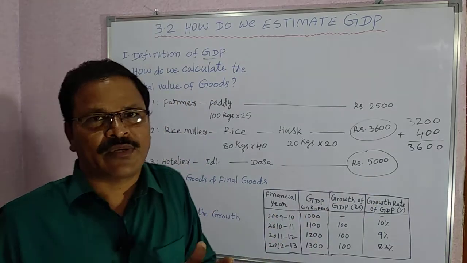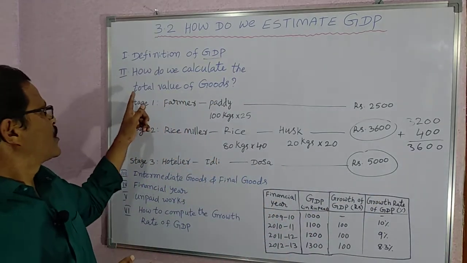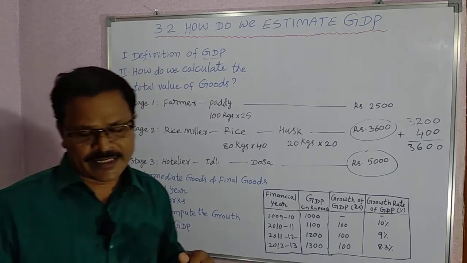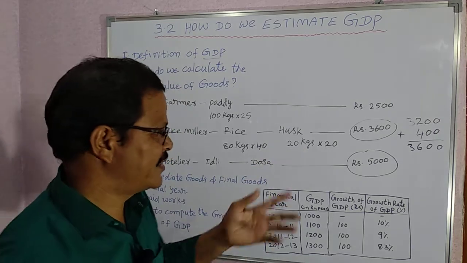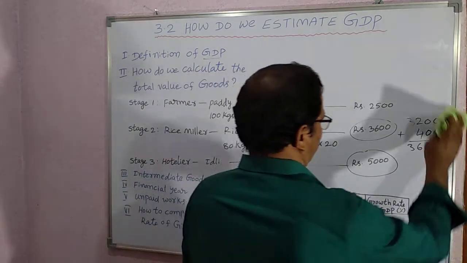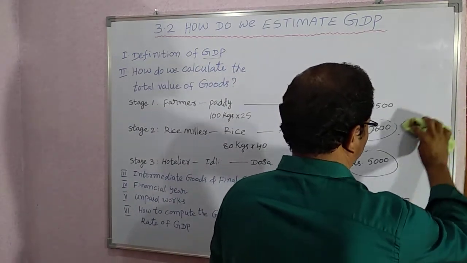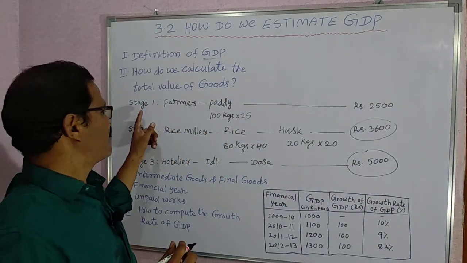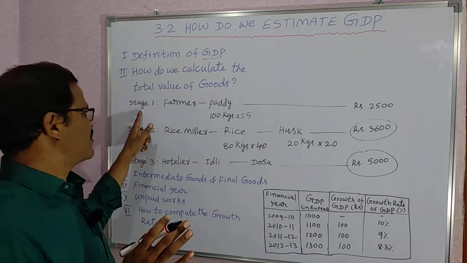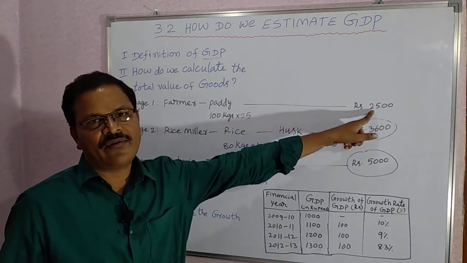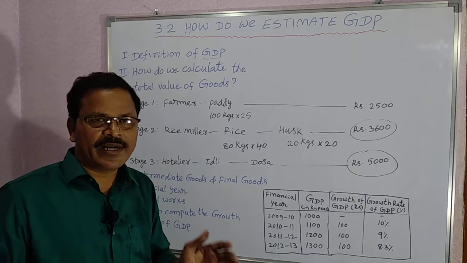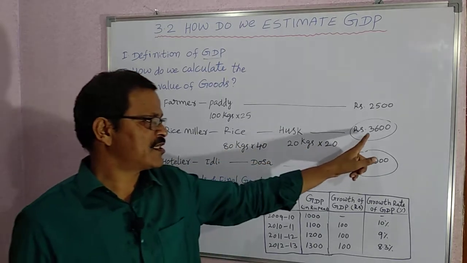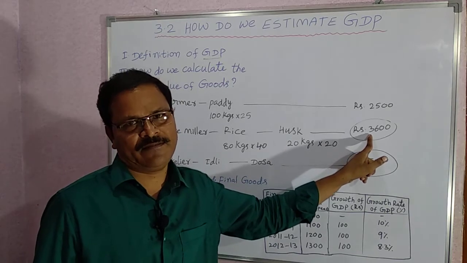This is one method to calculate the total value of goods. There is also another way. Let us discuss it. What is the value of paddy at stage 1? 2,500 rupees. What is the value of paddy at stage 2? 3,600 rupees.